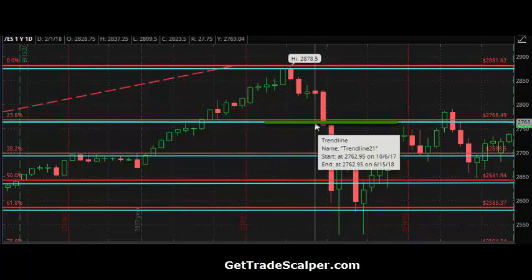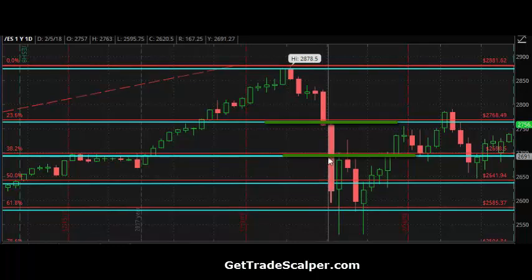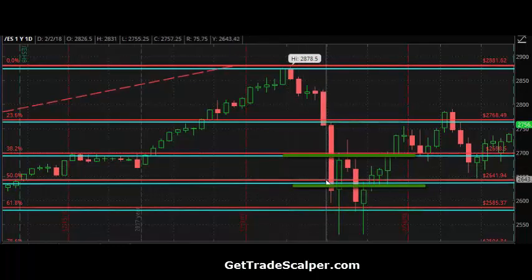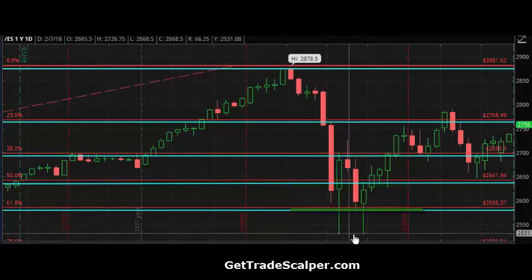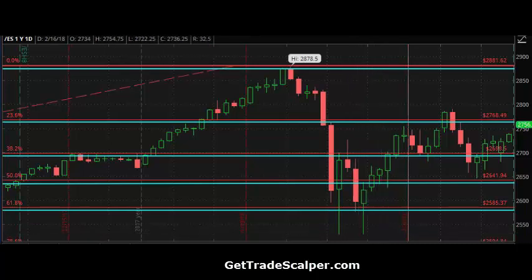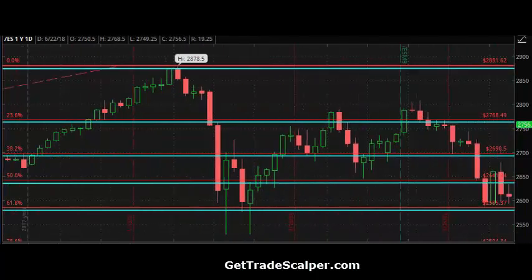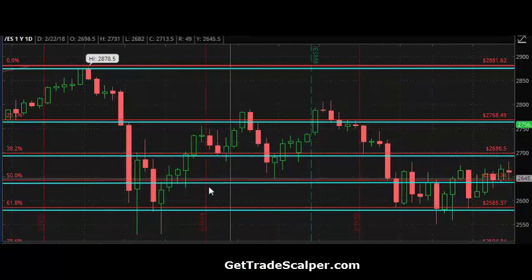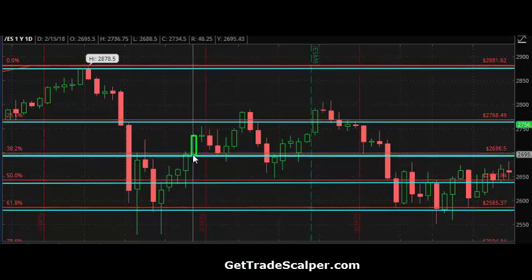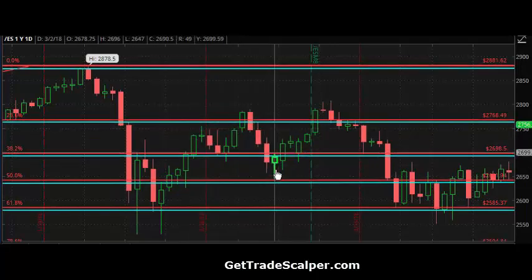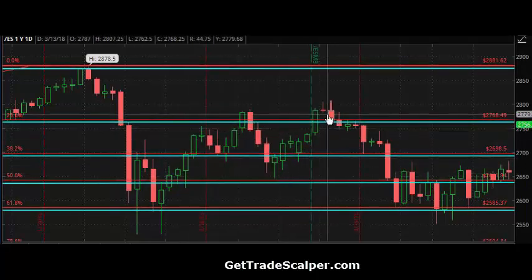This level here, down to this level here, this level, and reaching a point where it's ready to turn and go in the opposite direction. Now, on the upside, this level to this level to this level, right?